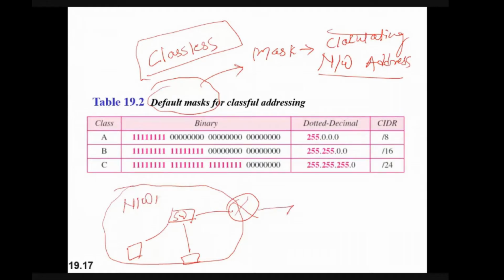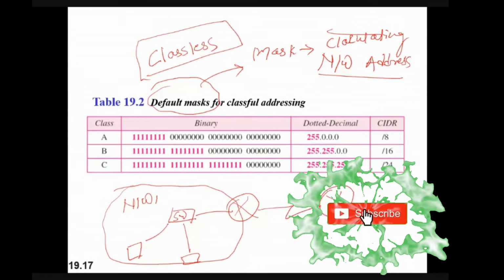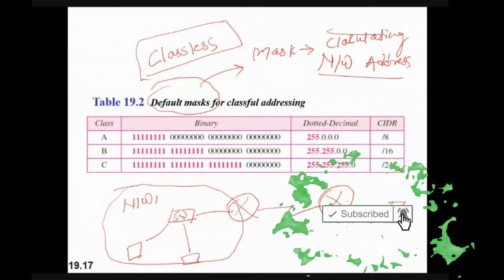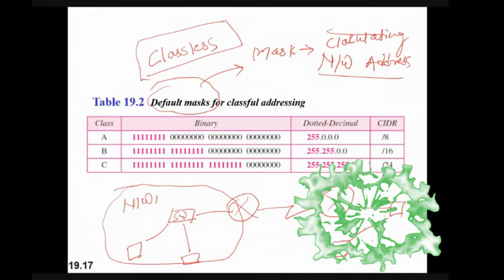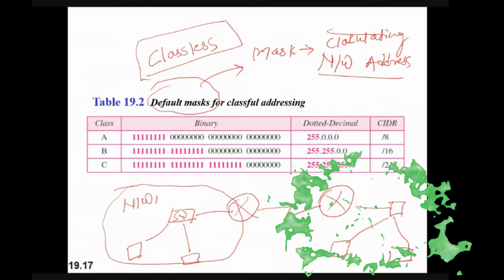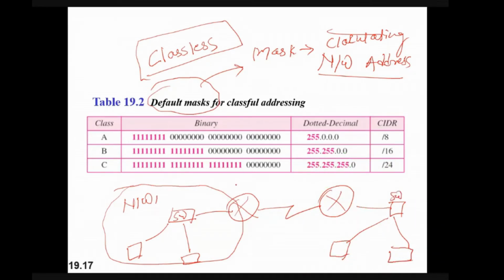Then this router is connected to another router like this. This is connected to some switch, and this switch is connected to some PCs. This is R0, this is router 1. This we will call network 2. And this one is network 3, a network between router to router.